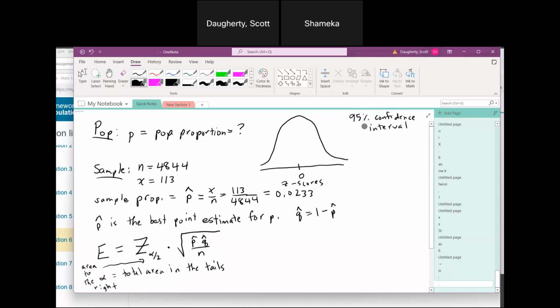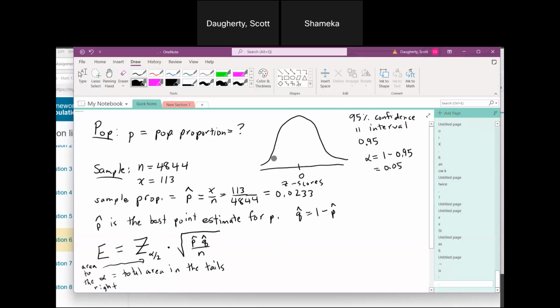But you have to know up front what level of confidence you're going to use for your confidence interval. So in this case, they say 95%, which you want to turn into a decimal. So 95% is the same as 0.95. Then alpha is 1 minus 0.95, so it's 0.05 in this case.